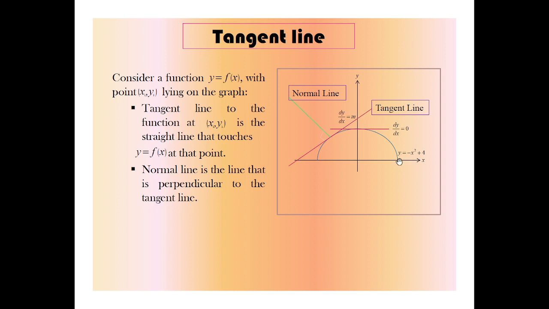Okay, y equals negative x squared plus 4. So this is quadratic, or polynomial degree 2. This blue curve represents the graph of this quadratic equation. So when we do the differentiation, how do we differentiate?